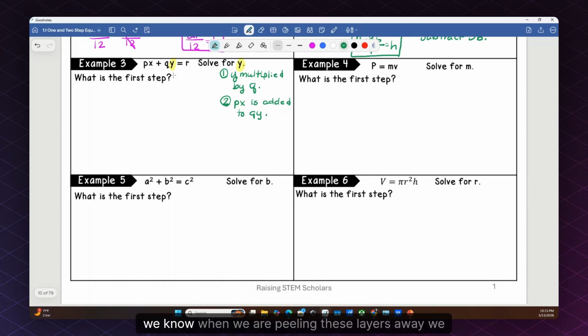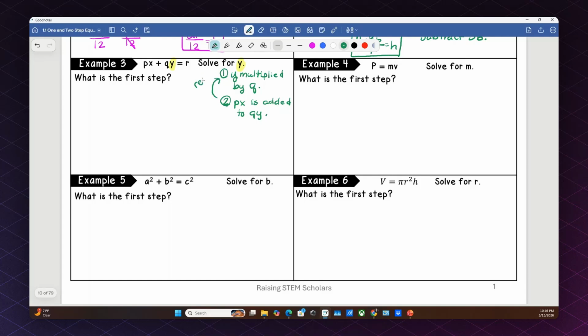So we know when we are peeling these layers away, we got to reverse PEMDAS this. So if I go write this again, I've got px plus qy equals r.